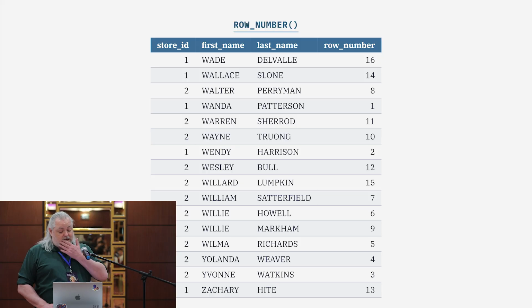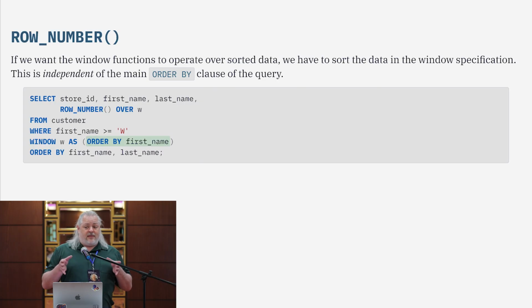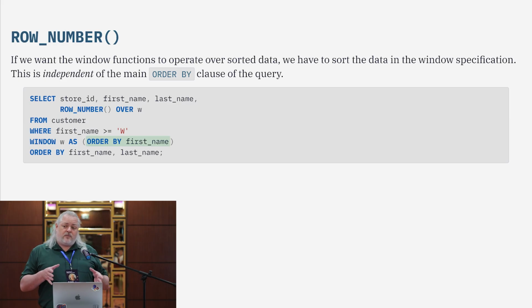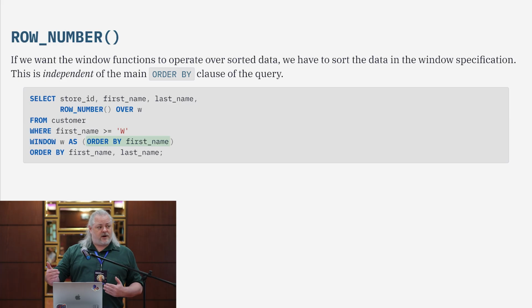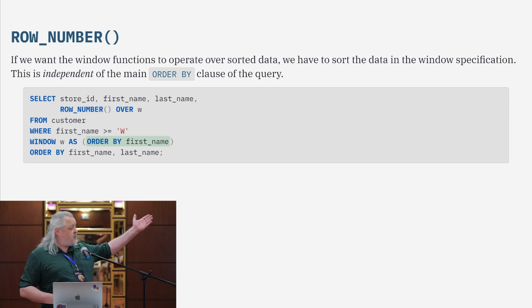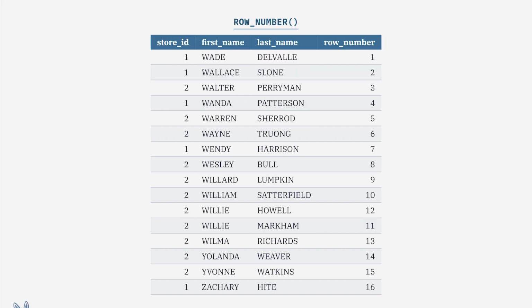That's because the window has an order on its own, and you use that as an order by in the window specification. That order by is independent of the global order by that you have for your query. So here, I'm ordering by first name in the window, and then by first name, last name outside of the window. And now we get what we would expect.